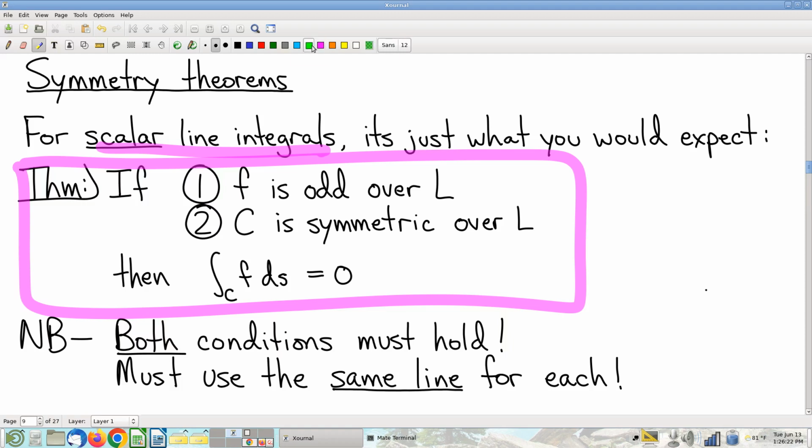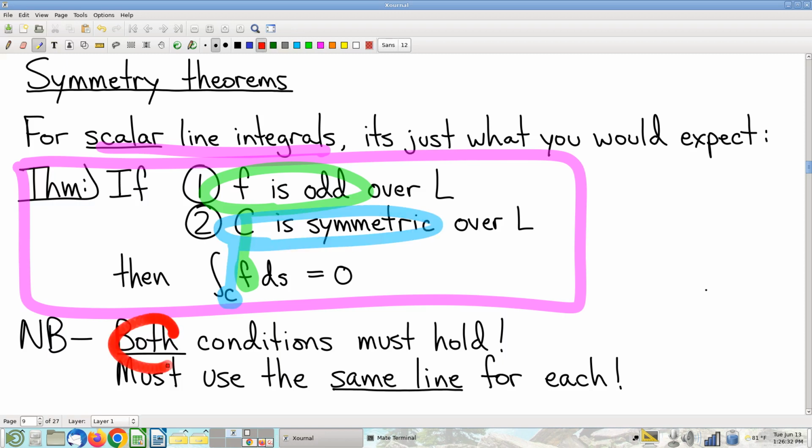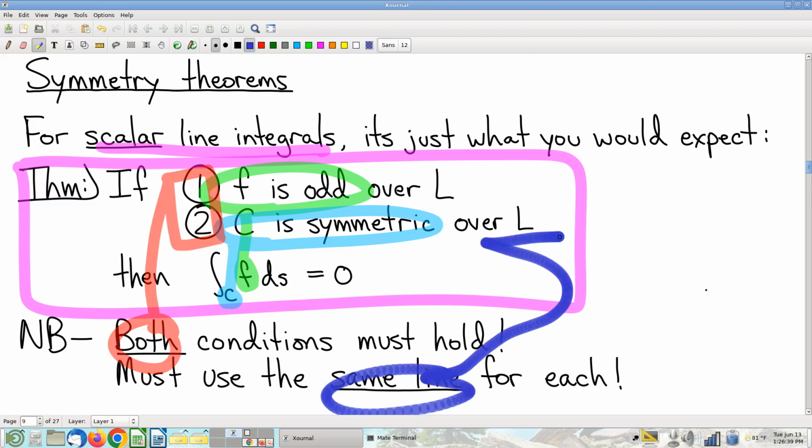Just to emphasize, if you have an integrand that is odd and a domain that is symmetric, and I emphasize both of these conditions have to apply, and it's got to be the same line for both of them, then yeah, great news.